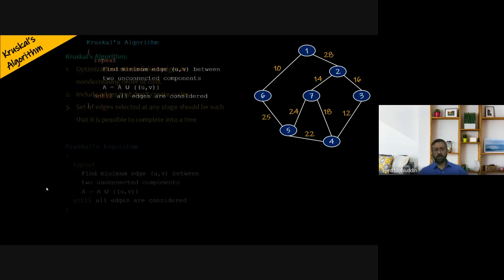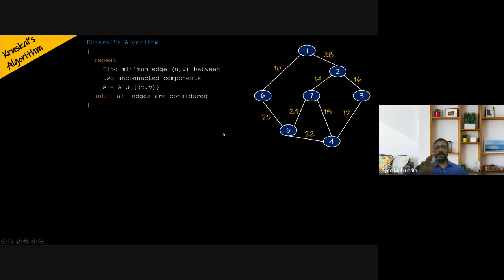Now, let us look at how this Kruskal works. This is very simple compared to Prim's. Find the minimum edge. Remember, I told you it is assumed that all the edges are already sorted in increasing, ascending order. So, which is the minimum edge? Edge from 1 to 6.